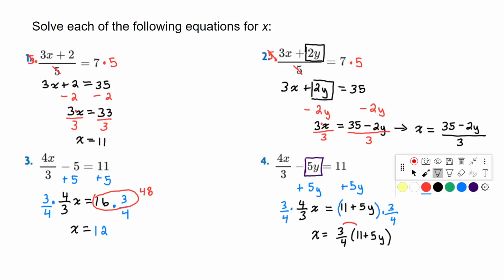Take the 3/4 times the 11, the 3/4 times the 5y, and we will have 3 times 11 is 33 over 4. 3 times 5y is 15y over 4. And if I could, I would simplify each fraction, but in this instance, I cannot.